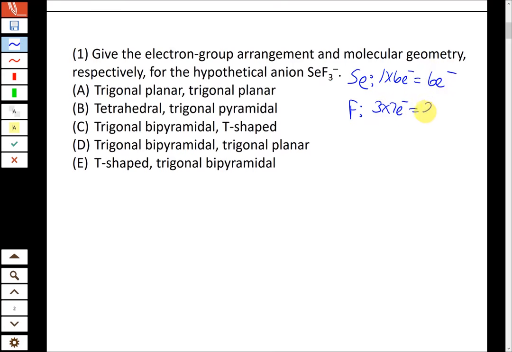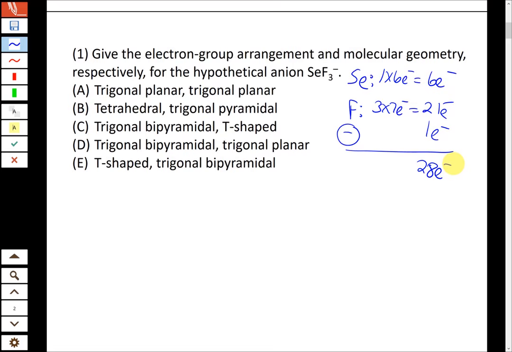Then what we can't forget is that if you have an overall charge, which we do here, a minus charge, you have to add additional electrons for that. So 1 more electron for the negative charge, and that gives you a total of 28. The vast majority of Lewis structures have even numbers of electrons, obviously.